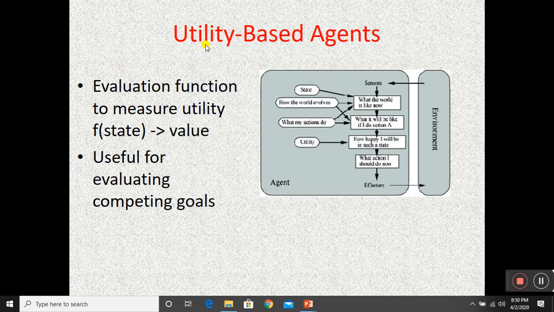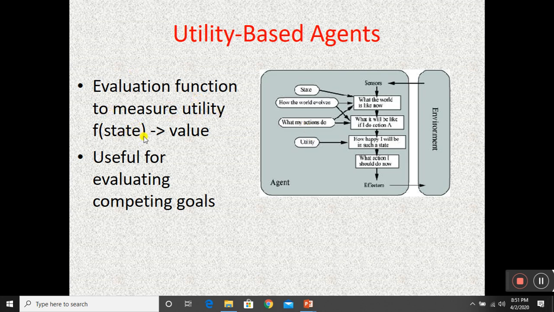utility based agent. This is another type of agent. So in this you can see there are more additions. These both are same. How happy I will be in such a state. Okay. Evaluation function to measure utility.